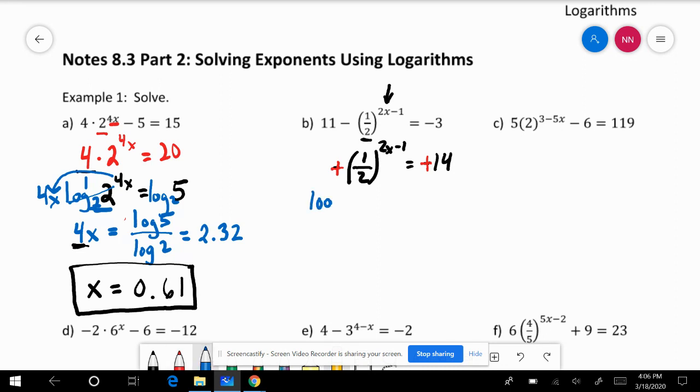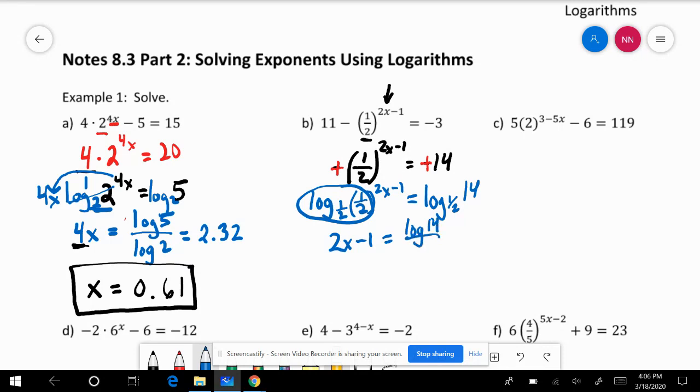In this case, we do the log base 1/2 of 1/2 to the 2x minus 1, equal to log base 1/2 of 14. Once again, this becomes 1, so we're left with 2x minus 1. We use the change of base formula: log of 14 divided by log of 1/2.